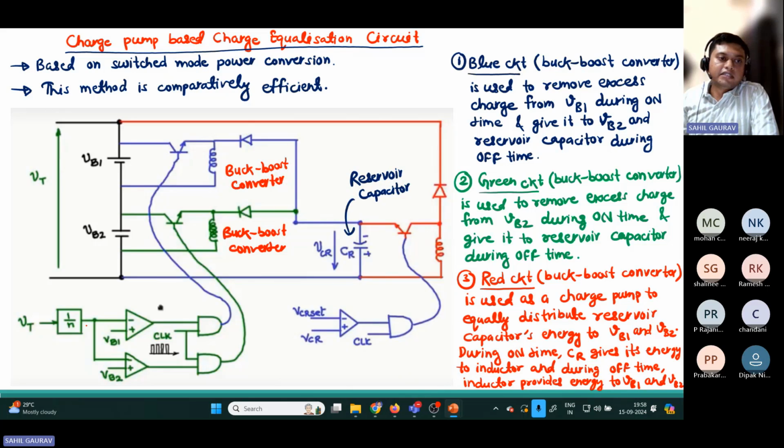So this voltage is the required value that we want.